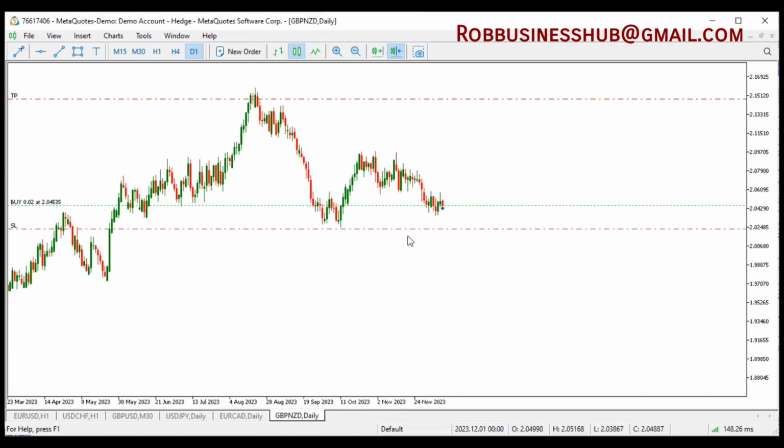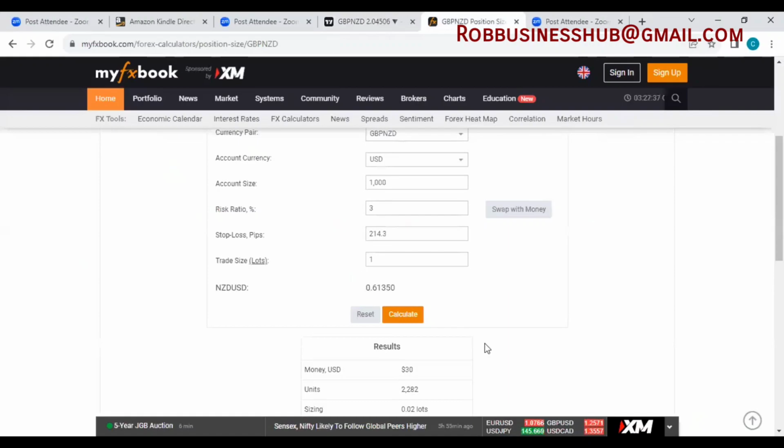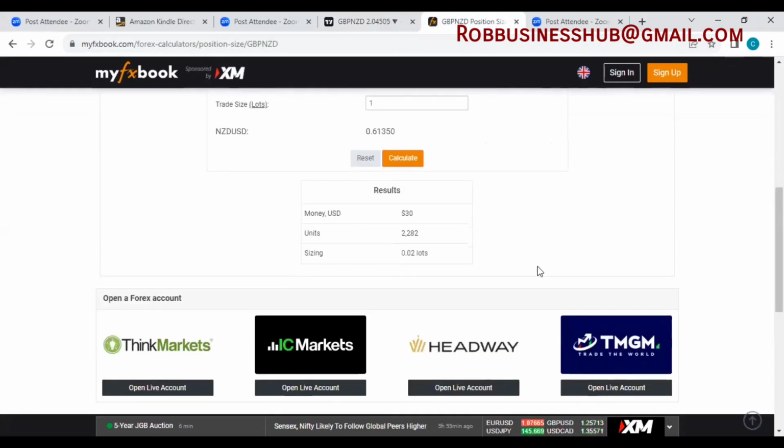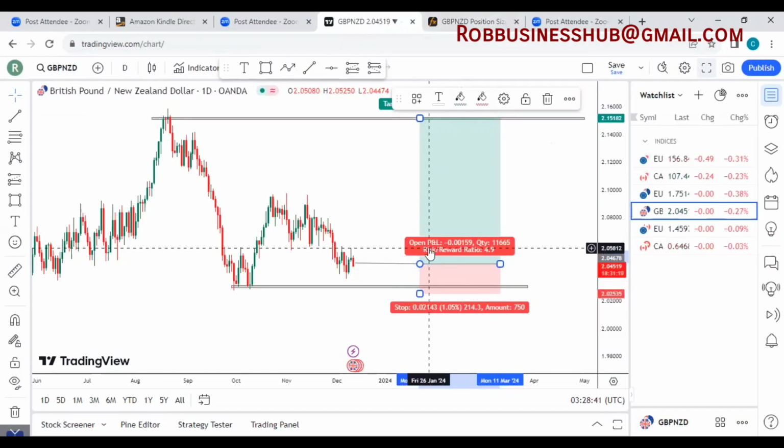Since I have followed the instruction from the calculation, 0.02, and your stop should be at this level. So that is what I did in MT4 or MT5.